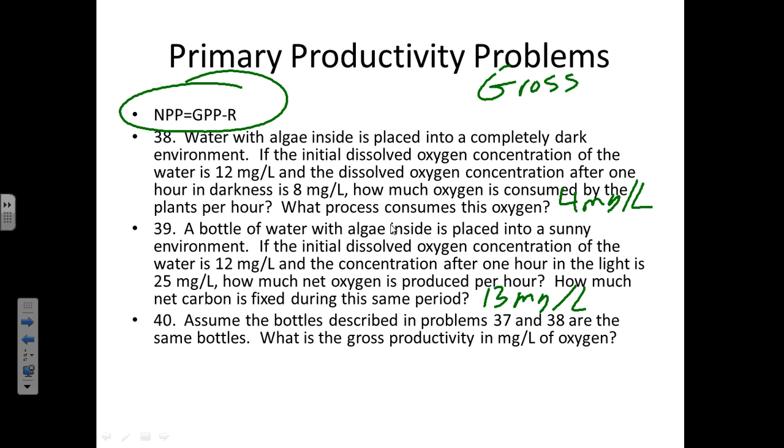Now, something we didn't address last time is this second part of this question. How much net carbon is fixed? If oxygen is being released, carbon is being taken in, right? If you look at your formula sheet, get one of those in front of you. There are two formulas on this formula sheet that you need to know how to use. And one of them looks like this.